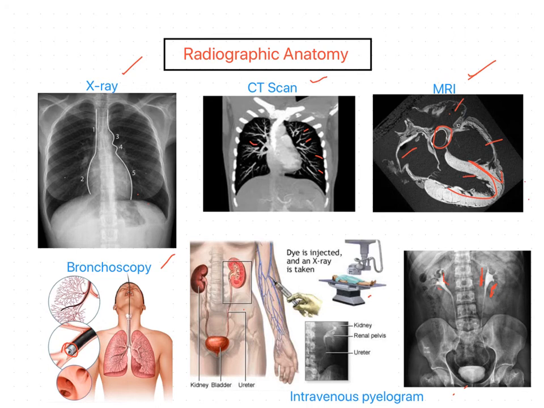Okay, so this is the brightness of the images you can find, and also you can find the ureter here and the urinary bladder. This can be observed only when dye is injected into the body. Such kind of techniques are called intravenous pyelogram.